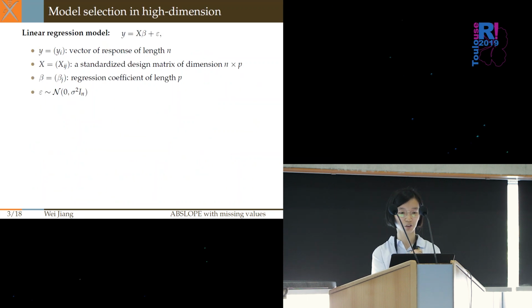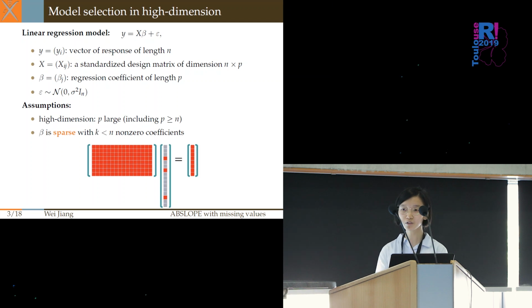First, let's define the notation. We denote Y a response vector of length n, and X a standardized design matrix of dimension n times p. This is a classical linear regression formula with a regression coefficient vector beta, and a noise vector epsilon with variance sigma. We also assume that we are in a high-dimensional setting with p large, and even possibly larger than n.